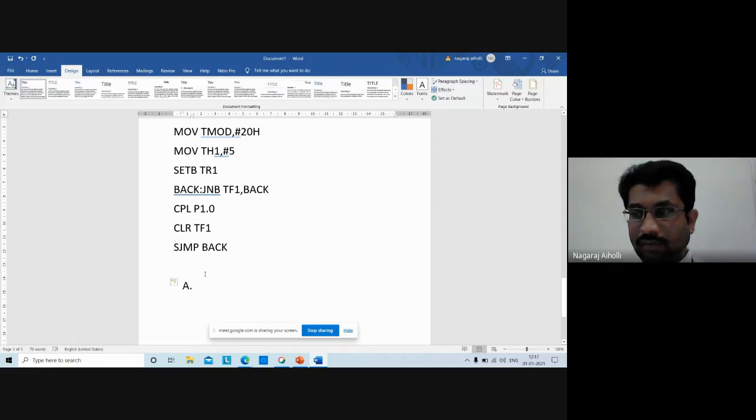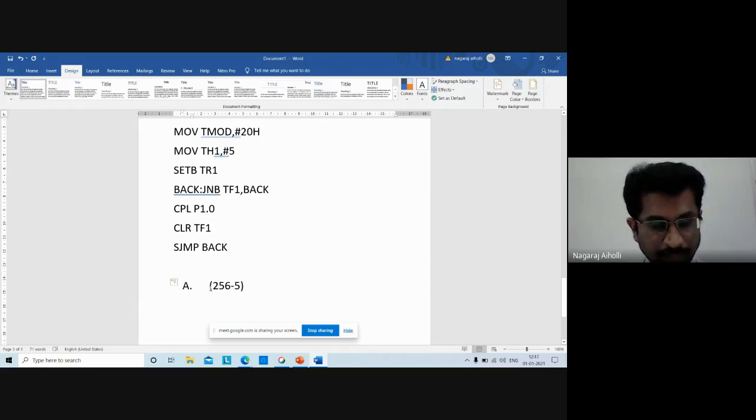Right, 255. One clock pulse is required for the overflow condition, that is, to count from FF to 00. Total 256. So 256 minus the starting value, that is 256 minus 5. This is multiplied by the time period. How to calculate the time period?